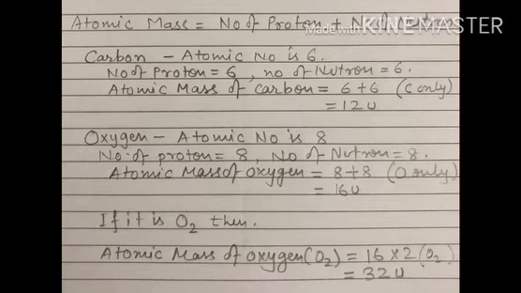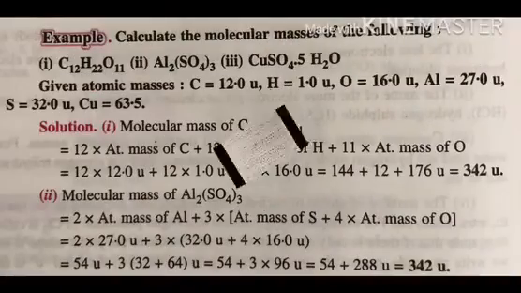If it is O2, then the mass is 8 plus 8, that is 16, multiplied by 2, which becomes 32 U. So if the oxygen is O2, meaning two atoms of oxygen, then the mass is 32 U.